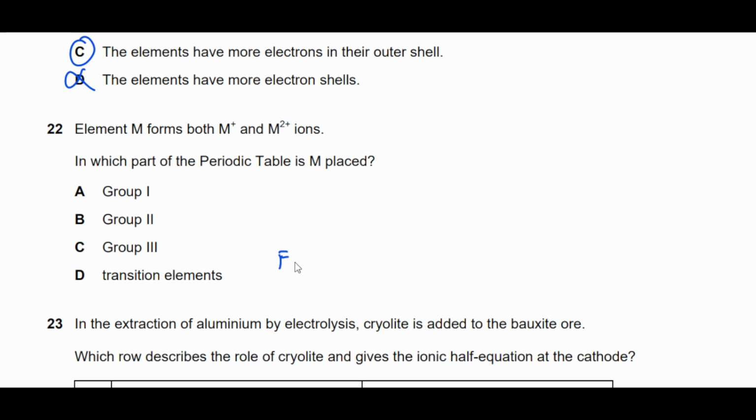For example, Fe will have Fe2+ or Fe3+. They have more than one oxidation state. So the answer has to be transition elements. You may get confused and think since there's 1+ it must be group 1, and since there's 2+ it must be group 2, but this is the wrong answer. Transition elements have variable oxidation states.